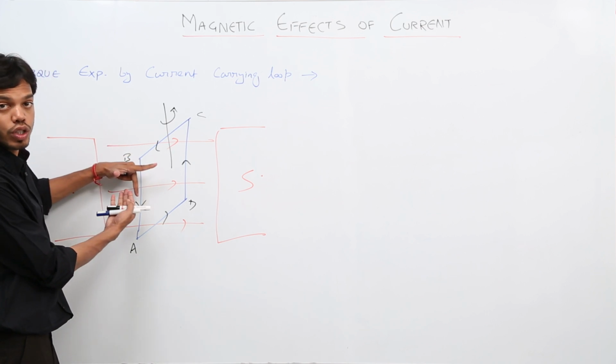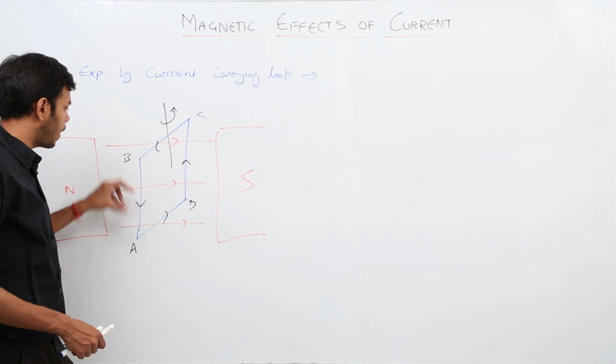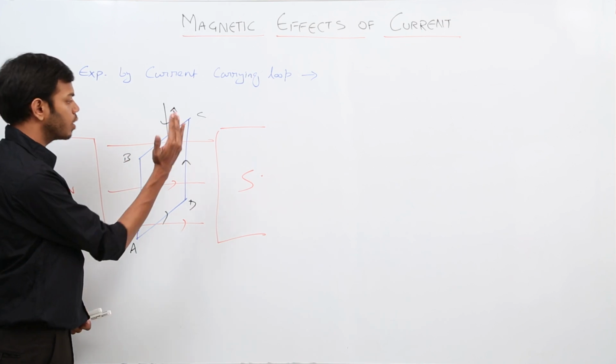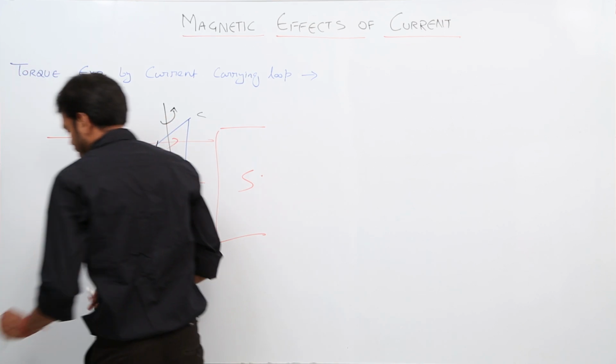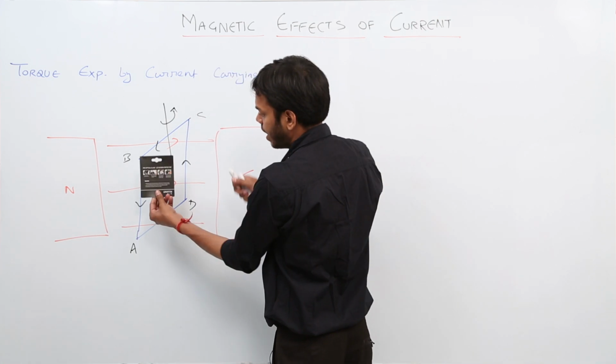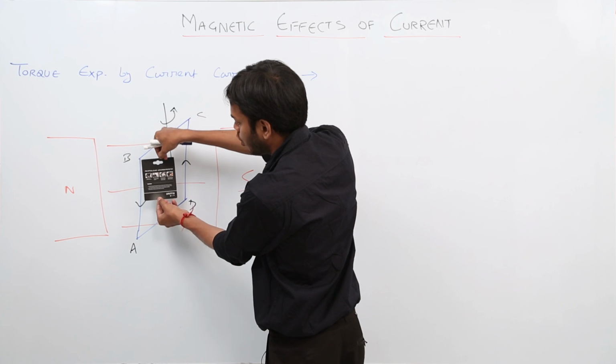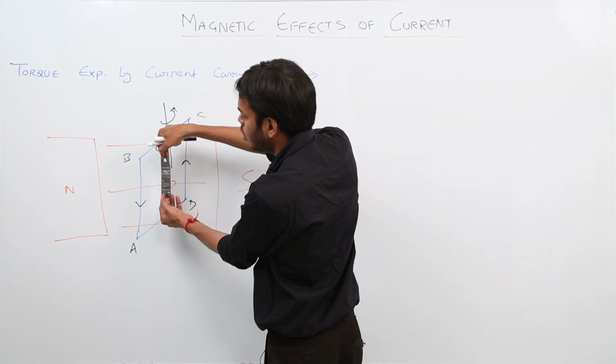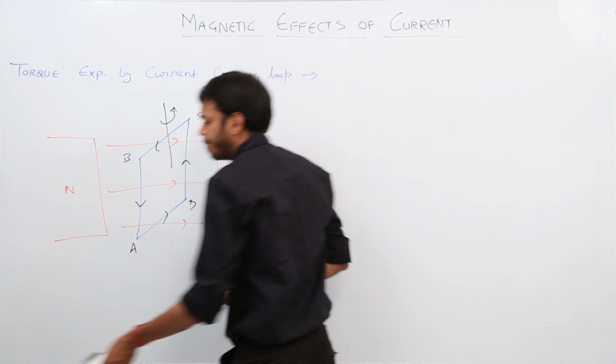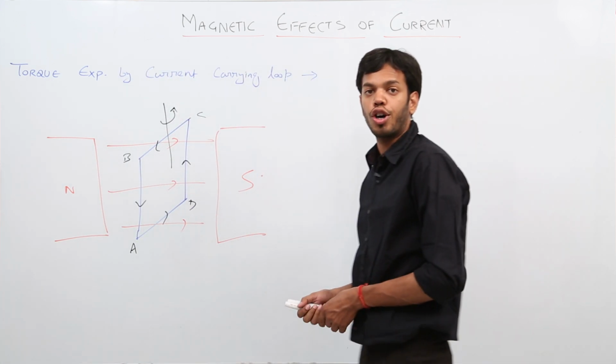So that means force is vertically outwards. This part is coming vertically outwards and this part is going vertically inwards. Suppose this is my rectangular loop of wire. So it will be rotating in this direction. This is the outcome of the overall torque.